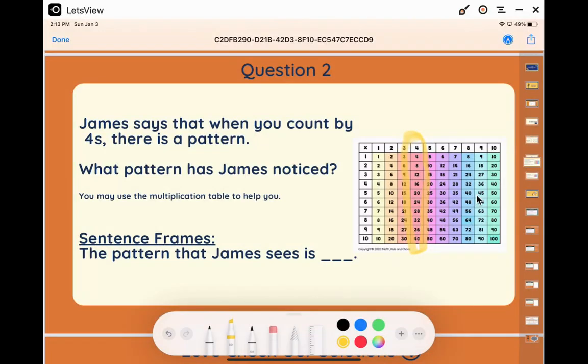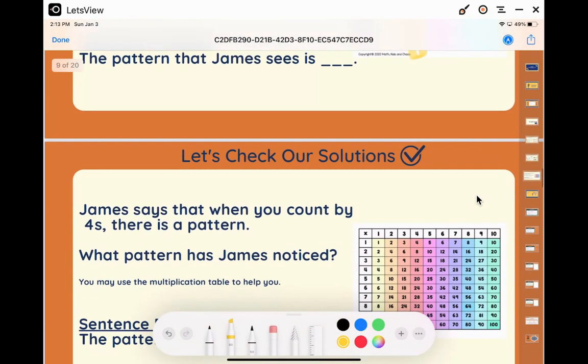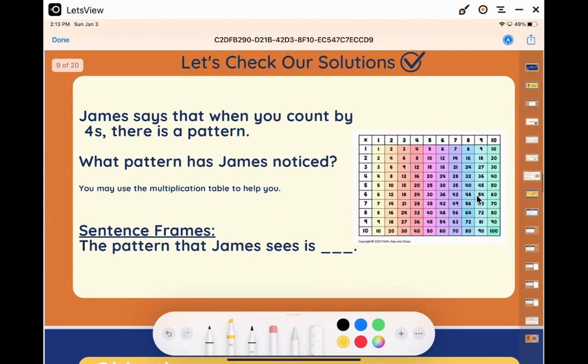All right. And so let's talk about what the correct answer is. Now, the one thing that I love about this question is that there's several things that you could have said. One of the things that you may have noticed about the four tables is something that we've been talking about all week, and that is that all of the fours are even. So you could have said that the pattern that James sees is that all of the digits are even. That would have been correct.